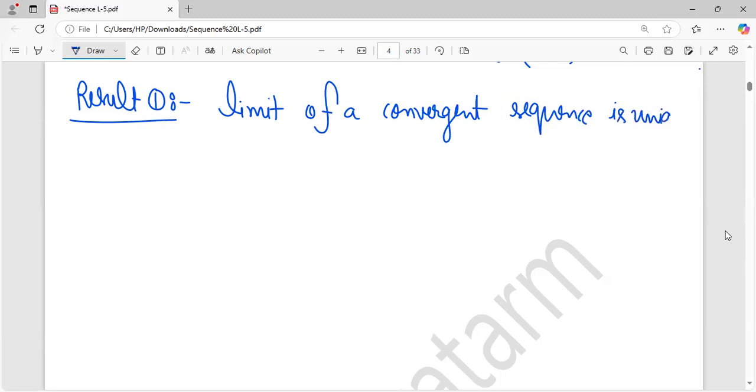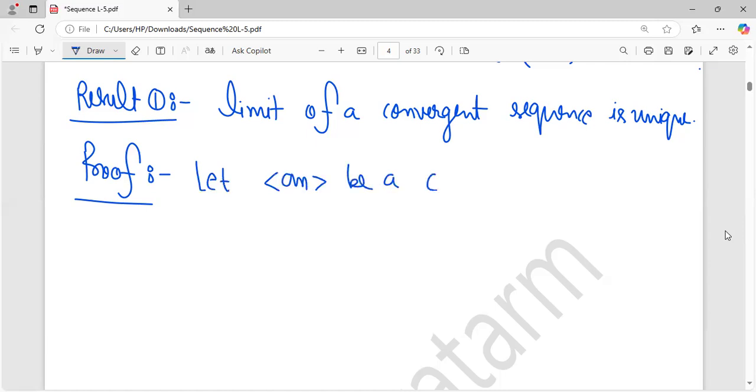It means we have only one limit for convergent sequence. Okay, let an be a convergent sequence.